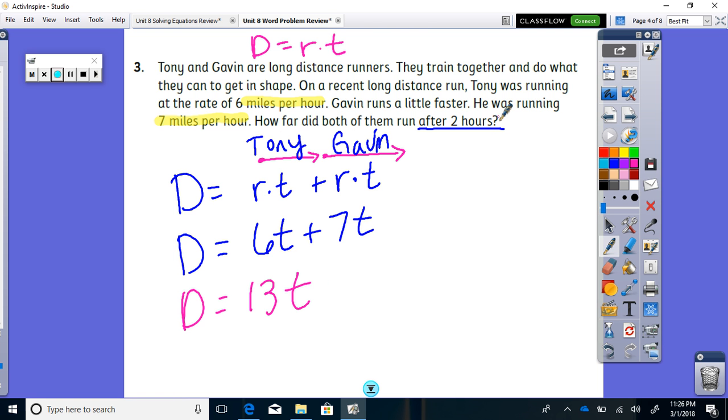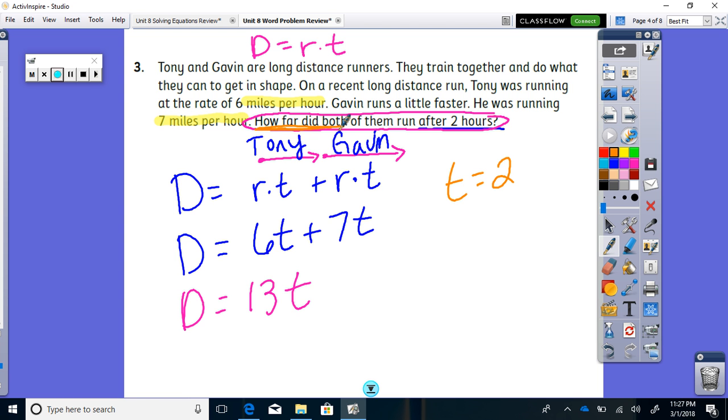Now it says how far did both of them run after 2 hours. So that means it's telling me t equals 2. Sometimes it gives me the distance, like how far did they go, or how many hours did it take to get 240 miles. Then I would have had 240 over here for distance. This particular problem is asking me to solve for the distance.